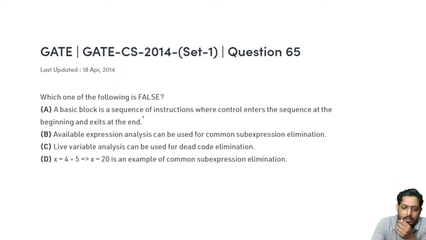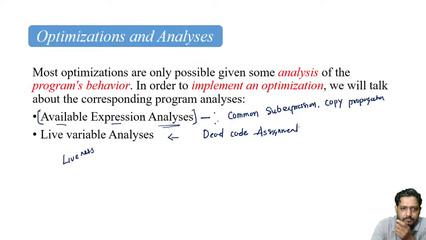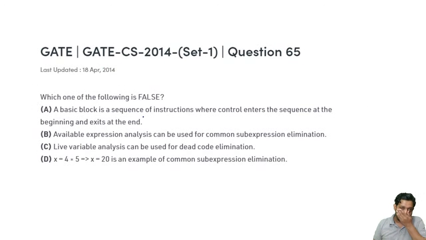Before that, remember that we will do two types of analysis: available expression analysis for common sub expression and copy propagation, and live variable analysis for dead code elimination. Please answer this one.